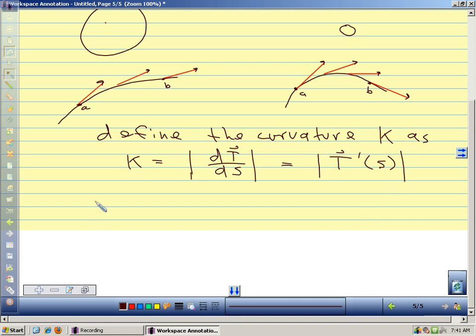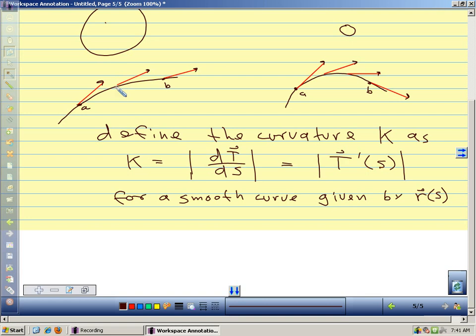And this is for a smooth curve given by some function. We're parameterizing our curve by the arc length. And our radius of curvature. We talked here about the radius.